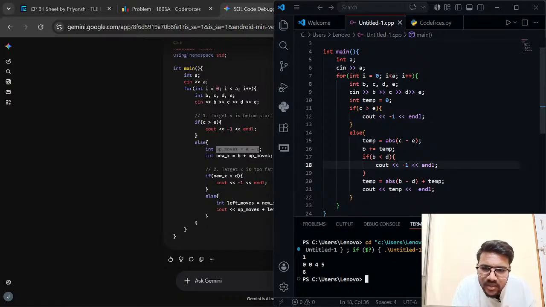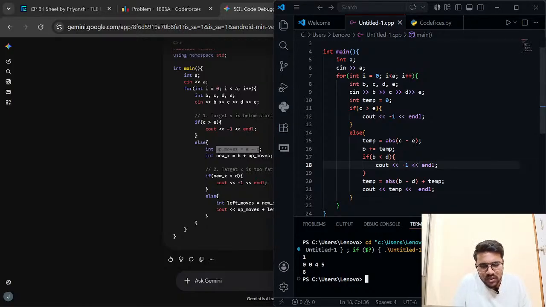Is our B? No, B is not less than D because ABS is 5 and 5 is not less. D is 4. B is 0, C is 0, E is 5, ABS is 5, temp is 5.